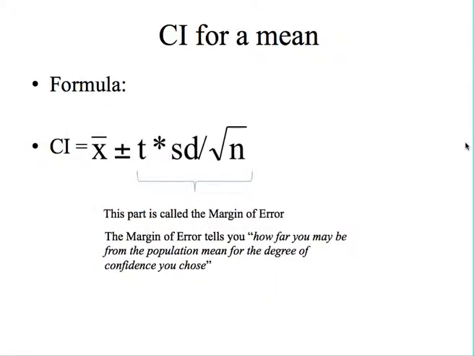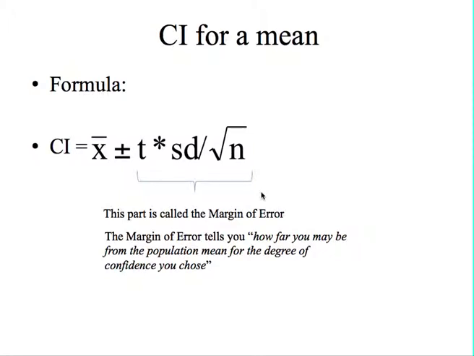Now the harder part is interpreting what a confidence interval means, and to understand that you have to know what a margin of error is and what it means. So a margin of error is this part of the formula, and it tells you how far you may be from the population mean for the degree of confidence that you chose.